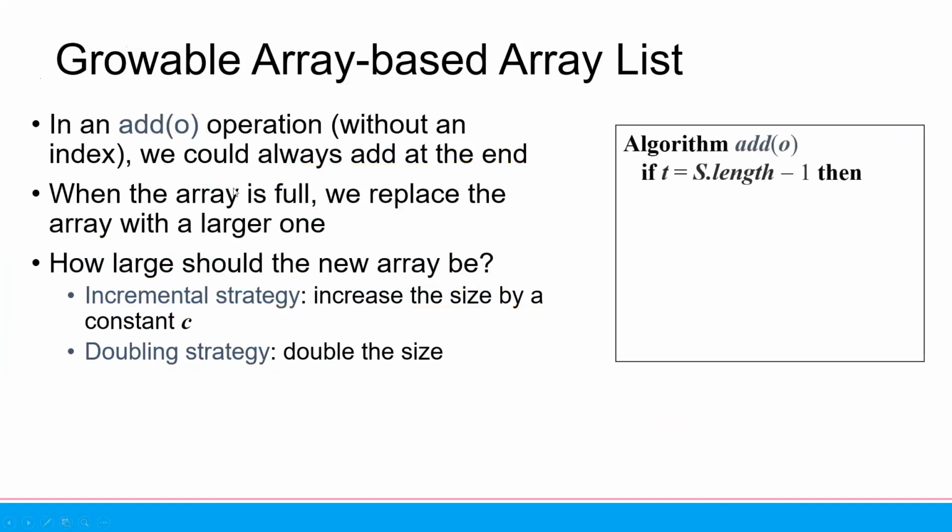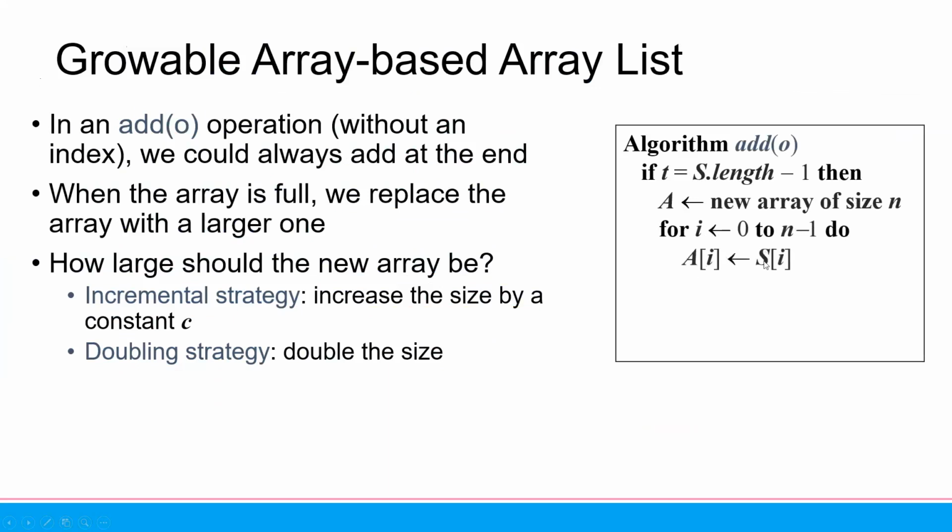So if we have the add, it means we want to add an object to the array. We will first get the length of S, the array. Then let's make a new array A of size n plus 1, and then we start i from 0 until n minus 1.